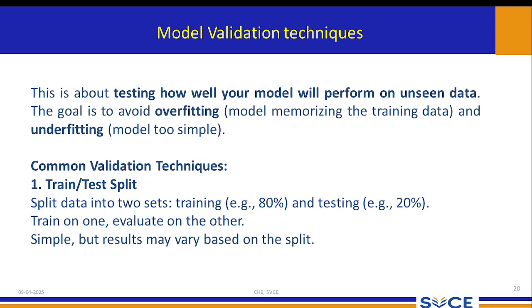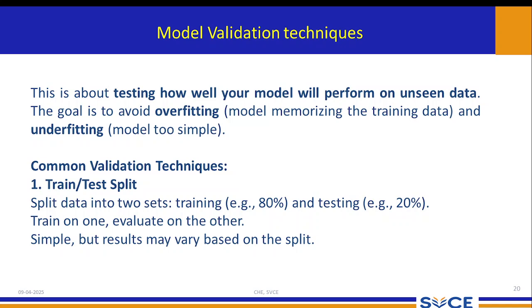Okay, so the model validation techniques are about testing how well your model will perform on unseen data. The goal is to avoid overfitting and underfitting. We have seen the model evaluation, and now we are moving to the validation techniques.